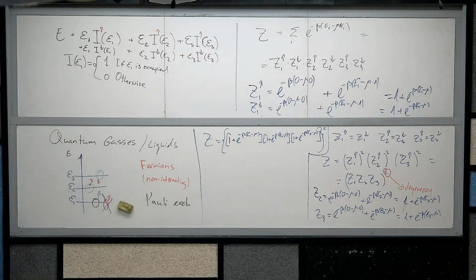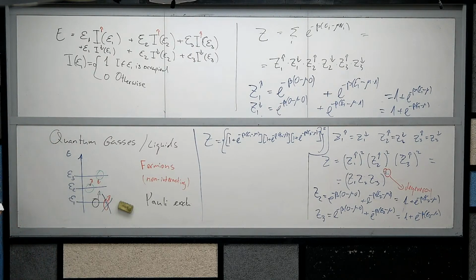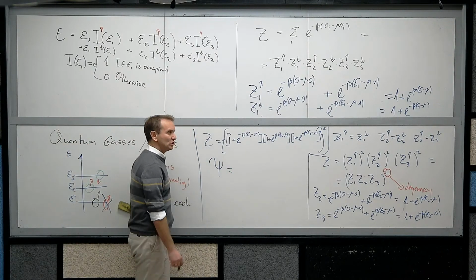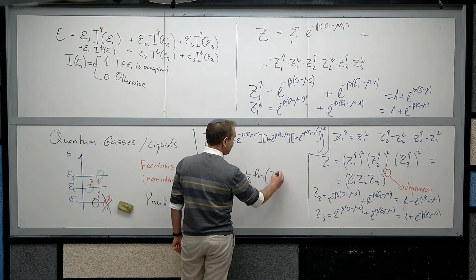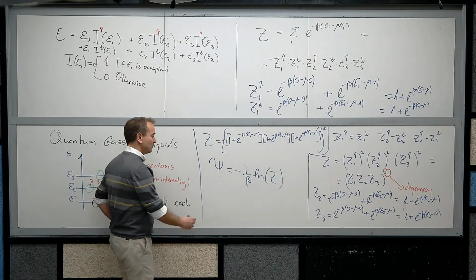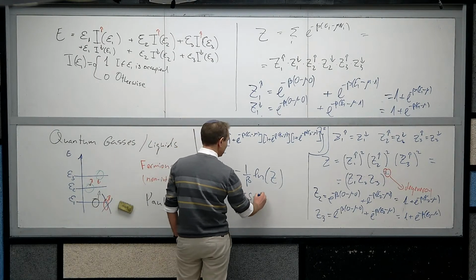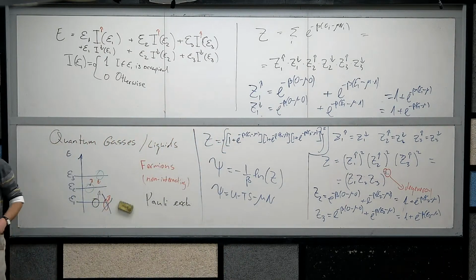The moment that we know the partition function, everything is possible. You want to compute something? Great. Calculate psi, which is minus 1 over beta log of Z. Remember that psi is u minus Ts minus mu N. And here you go.